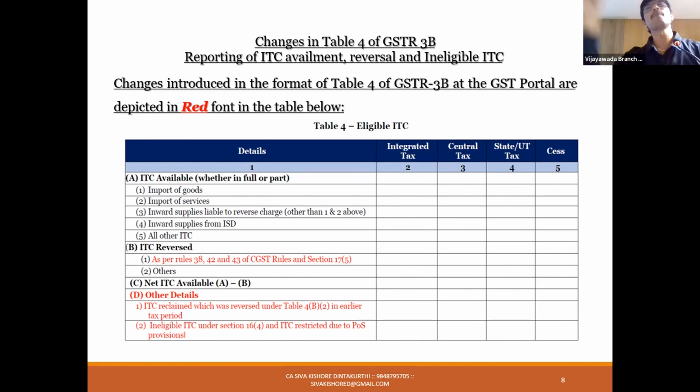Why is it not saying 4B1? Whatever you disclose in 4B1 is a permanent reversal. Once you permanently reverse it, you cannot re-avail it. That is the reason it is giving reference only to 4B2, not to 4B1. So, since these two invoices were not reflected in 2B, in the last month you reversed in 4B2.